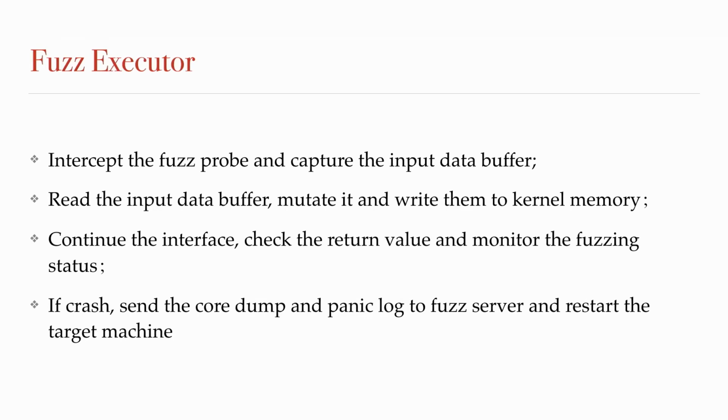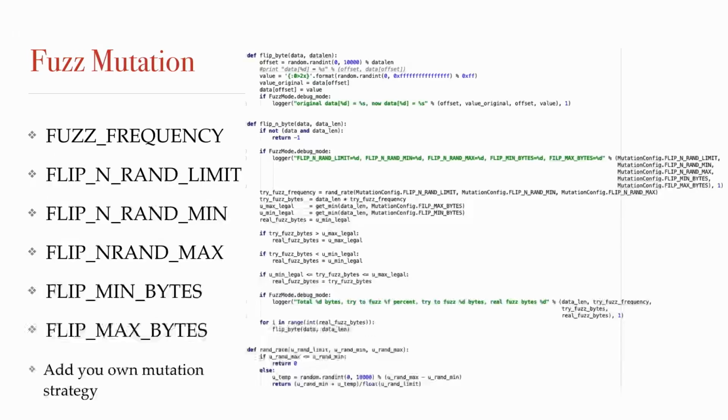And after the mutation, it will continue the execution of the kernel. And if it crashed, it will call the crash monitor module to try to get the call dump and other kinds of logs for reproduction to the fuzz server. And it will also restart for another session of fuzz.